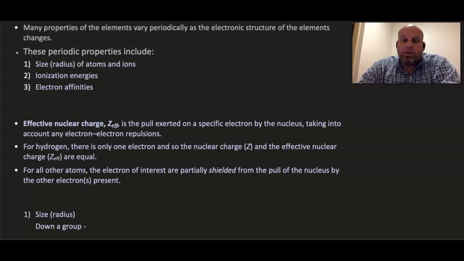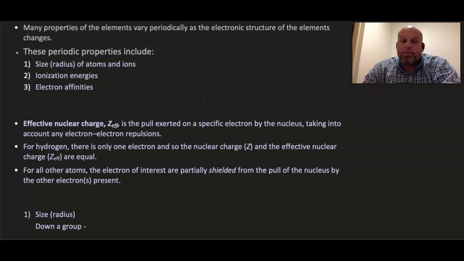Here in the notes, we talk about hydrogen. Hydrogen has only one electron, so there are no core electrons having that repulsive effect on the outermost valence electron. So the nuclear charge and the effective nuclear charge are essentially the same.